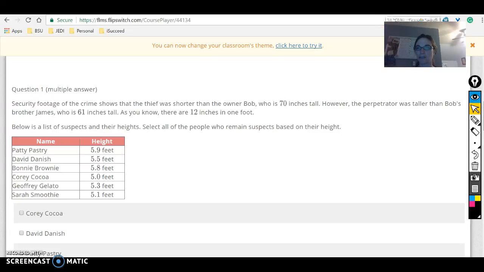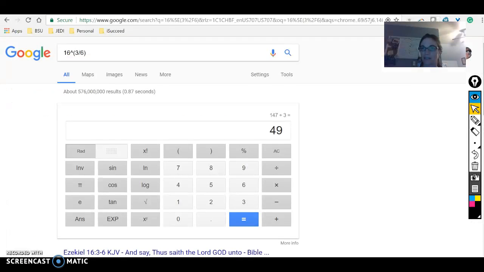So what I'm going to do really quickly is just divide 70 by 12 and also 61 by 12 and see what I get. So 70 divided by 12 is 5.83, so that's my upper limit, okay?